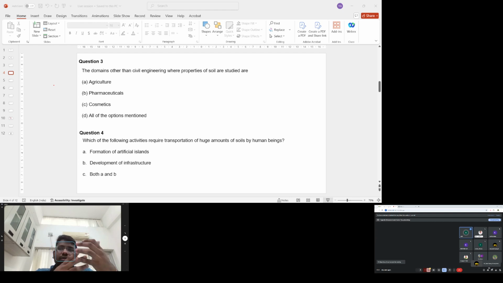Removing impurities is dependent on how active the soil is. The more active the soil is, the more it will absorb impurities, moisture and everything. That is the aspect which we will be studying shortly, in the second or third week, as activity of the soil.